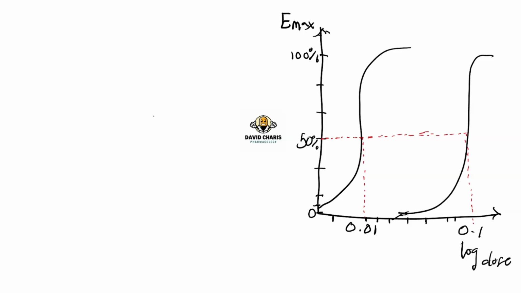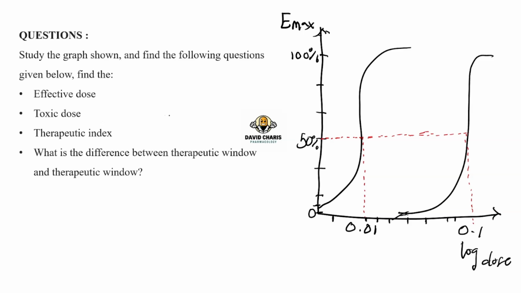Now let's take some questions. Study the graph shown and the following questions given below. Find the effective dose, toxic dose, therapeutic index, and what is the difference between therapeutic window. And I meant to say difference between therapeutic window and therapeutic margin, or even therapeutic index. Now, of course, finding the effective dose, the effective dose is this because it's closer to the right.